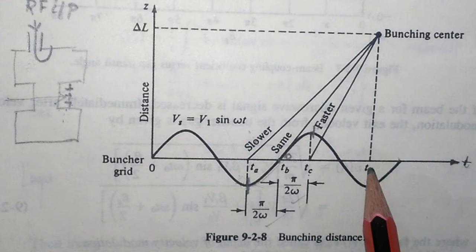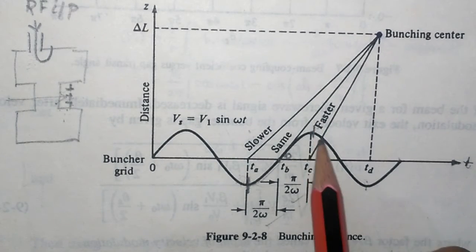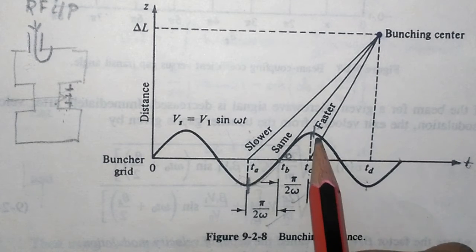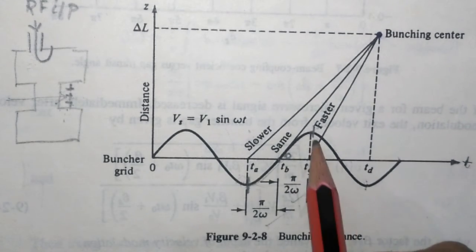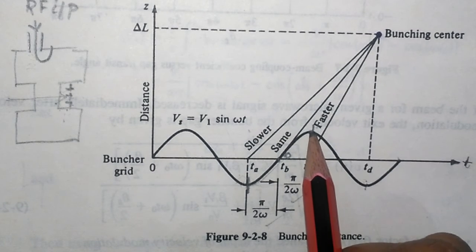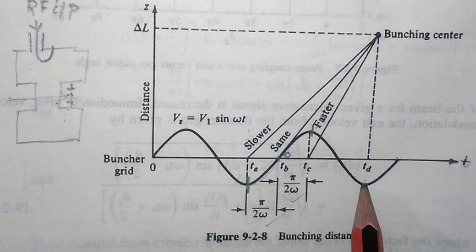Can you ever meet your friend? That is quite impossible, isn't it? Now see here, this is early in time. You have an electron which is moving very fast, but with the passage of time the velocity is reducing. So is there a chance for the electrons which have left the gap from the positive peak to the negative peak to catch up with each other and form a bunch?